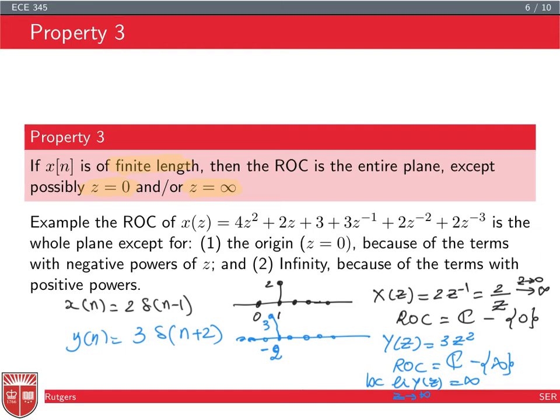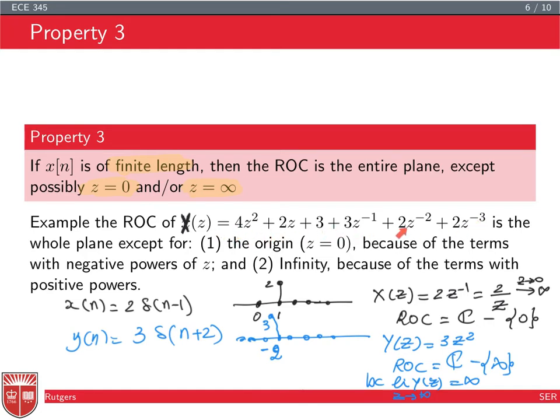And here I have an example of a double-sided signal. There is actually a typo, so this should be capital X(z). Let's suppose we have the z transform of a signal that is 4z squared plus 2z plus 3 plus 3z^(-1) plus 2z^(-2) plus 2z^(-3).